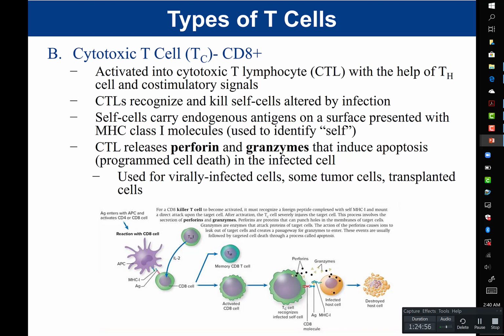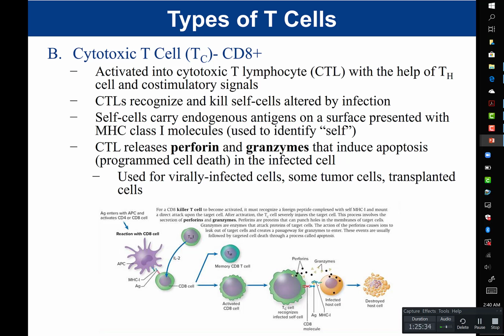And let's say that this infected host cell, let's say it's an epithelial cell in the respiratory system that is infected by a rhinovirus. Well, this virally infected host cell is going to display the antigen using MHC1. Remember, MHC1 is self. It's basically telling the immune system, I am infected. You need to destroy me.